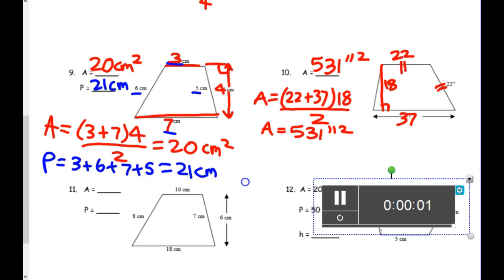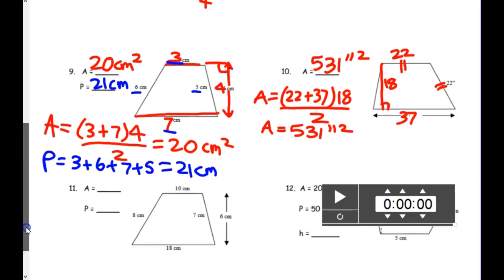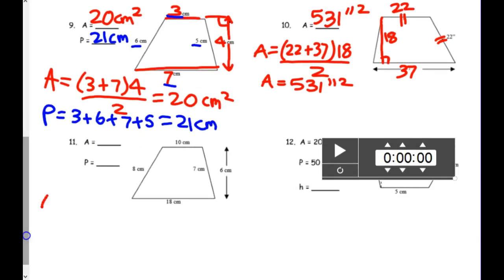All right. What'd y'all get for 11? What'd y'all get on 11? What? 84? Anyone object?